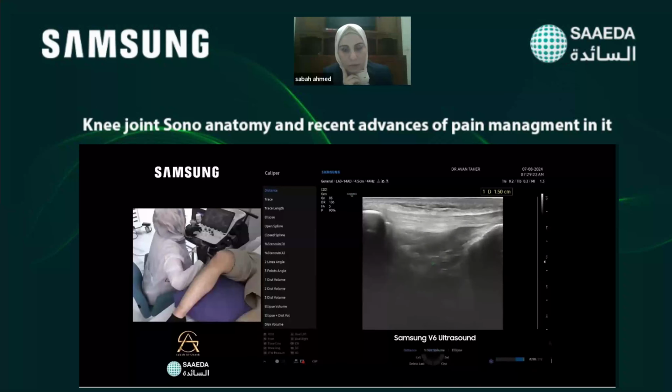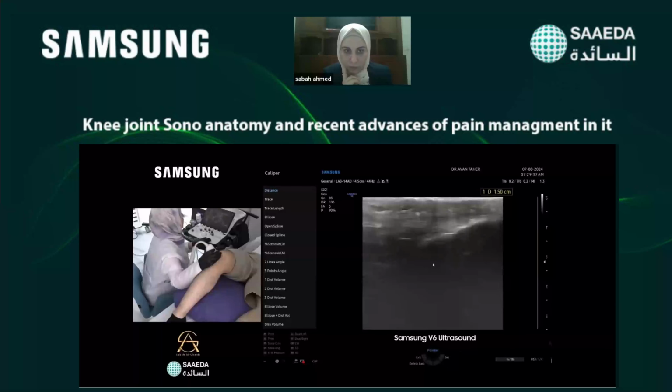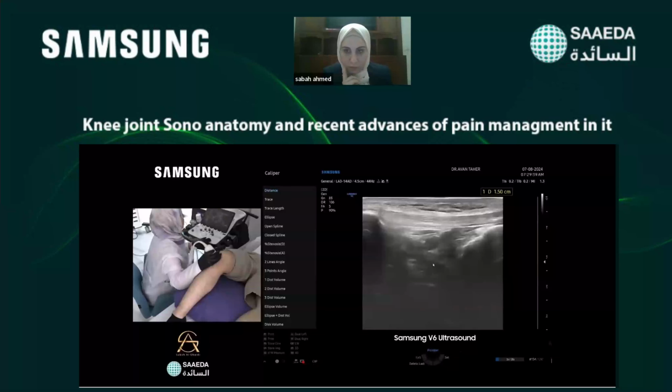So you see again, these two parts of hypoechoic is called the anterior cruciate ligament. Just in front of it, there is the hyperechoic short axis view of the transverse meniscal ligament.